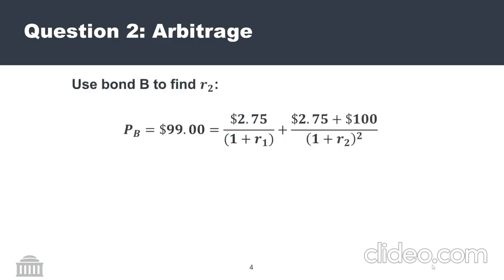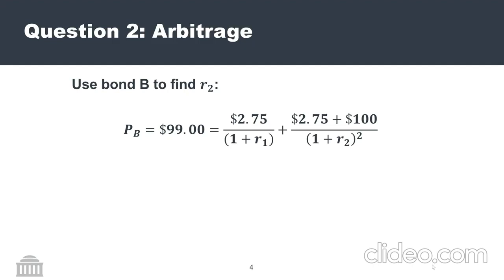Now we turn our attention to bond B. We can write down the following pricing equation for bond B. The price of bond B, which is given to us as $99, should equal the first coupon discounted to present, plus the second coupon, plus the face value discounted to present. Remember, this is a 2-year maturity bond. It pays a 2.75% coupon rate.